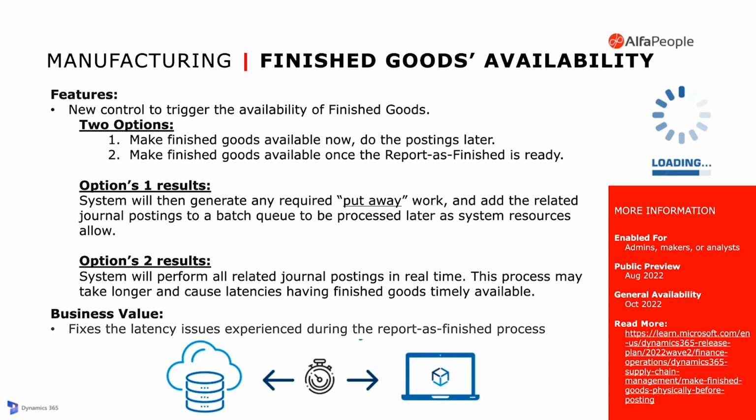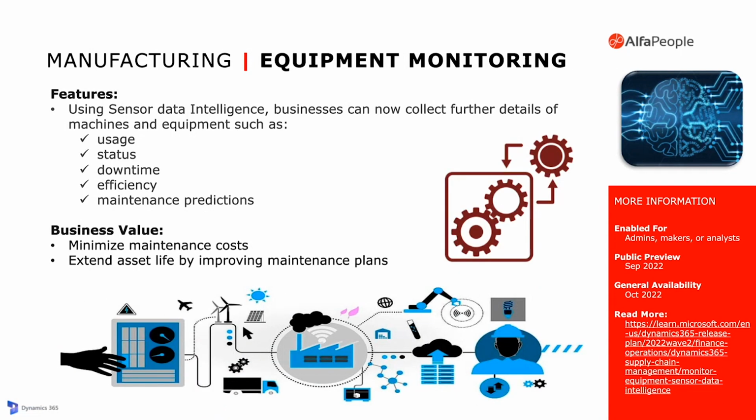Right, still in the manufacturing, let's take a look at what you can do with some sensor data intelligence, which we already had a little bit of a sneak peek of before. You can choose to install automatic electronic sensors in your machines and equipment, which enable Dynamics to collect and display information about its uses and status.